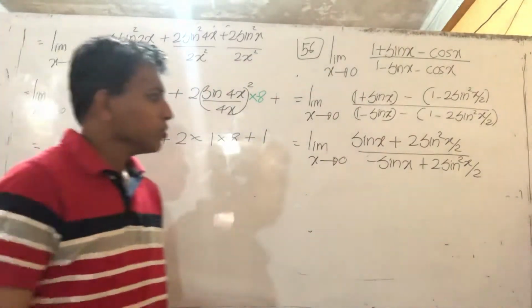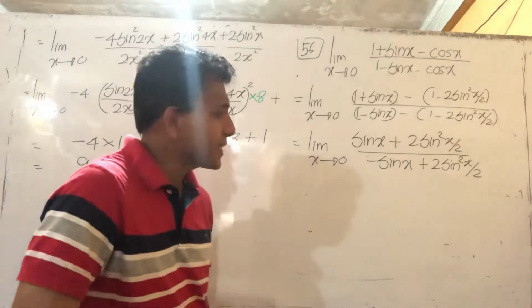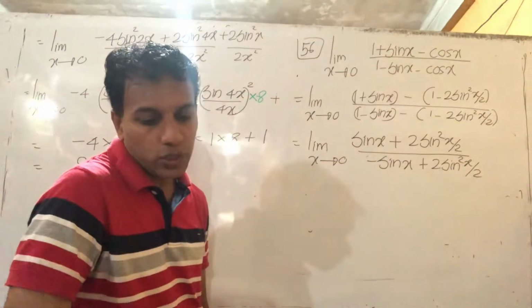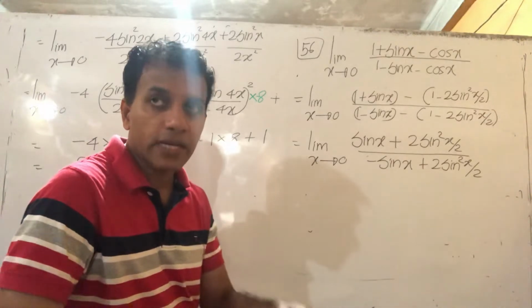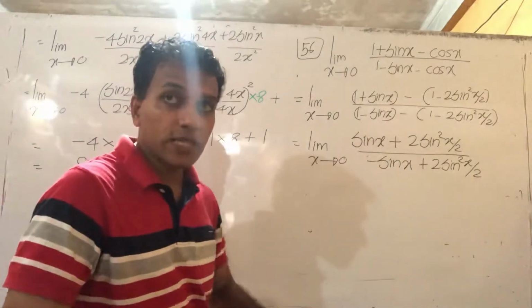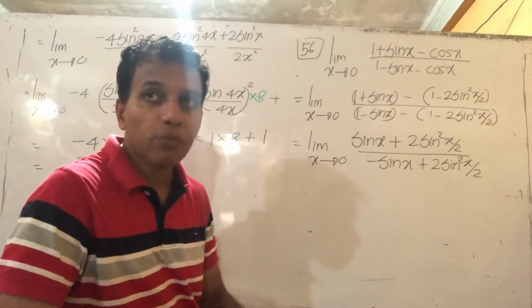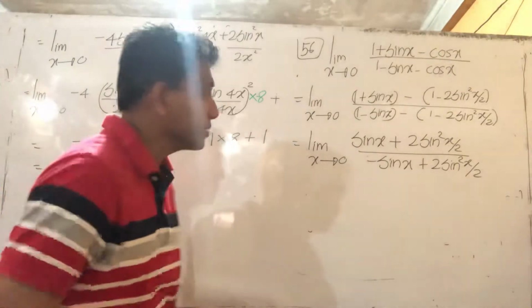I think further your trigonometric issue, what is sine 2 theta? 2 sine theta cos theta pattern. So sine x is 2 sine x by 2 cos x by 2. You can take something and simplify.